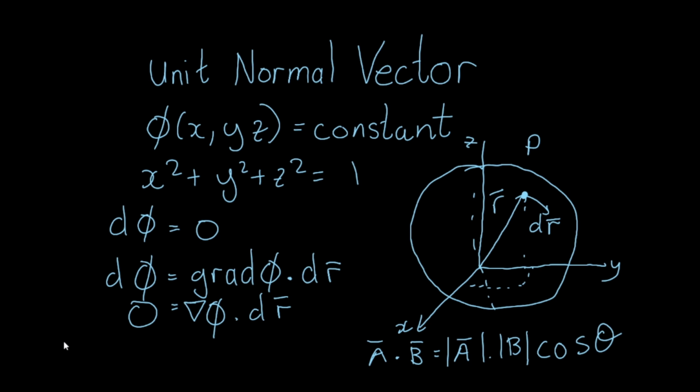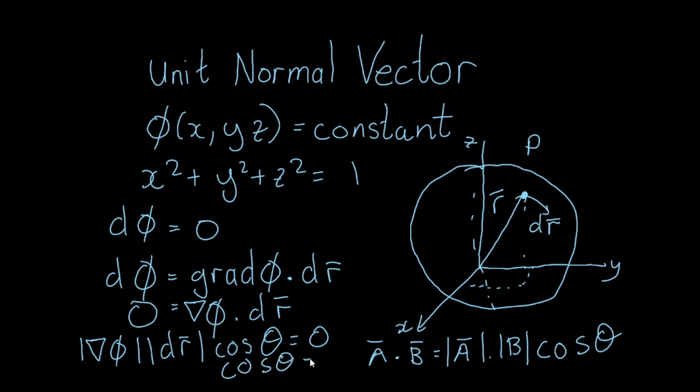The magnitude of the gradient vector multiplied by the magnitude of this differential vector times cos theta is equal to 0. What this means is that cos theta must equal 0. Therefore, theta is equal to pi over 2. Pi over 2 is 90 degrees, right?